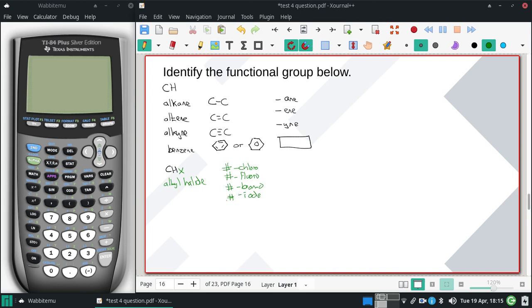All right. The next group that we're going to look at are going to have oxygens in them as well. So I have CH and now O. Now, the simplest form of this are our alcohols, which just have an OH somewhere off of the carbon. And if you have that, the end of the name turns into an OL.